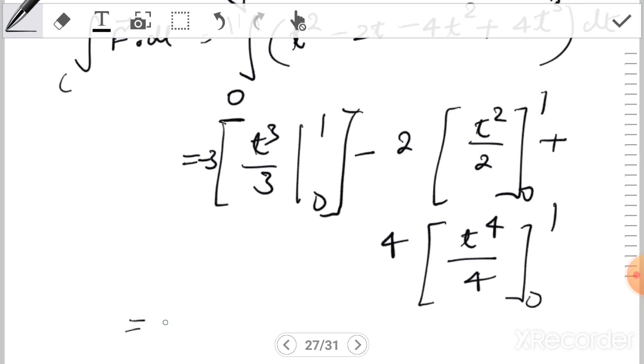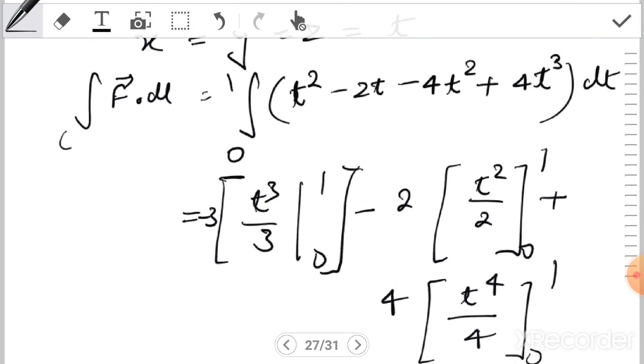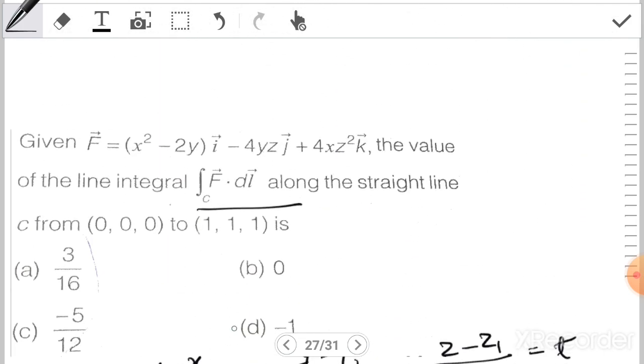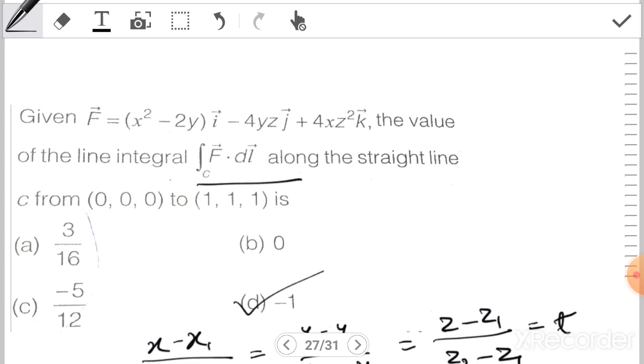This reduces to minus 1 plus 1 minus 1, which is equal to minus 1. So the answer is minus 1. Okay, let's go to the next problem.